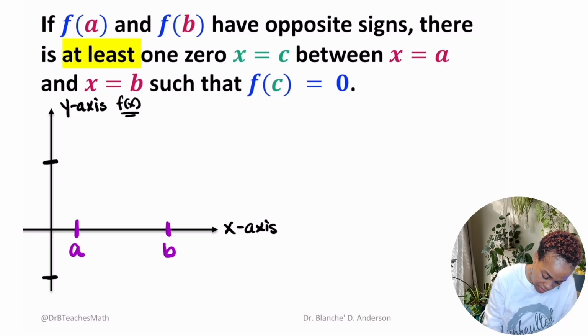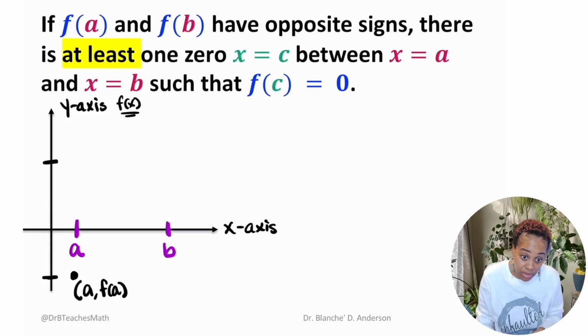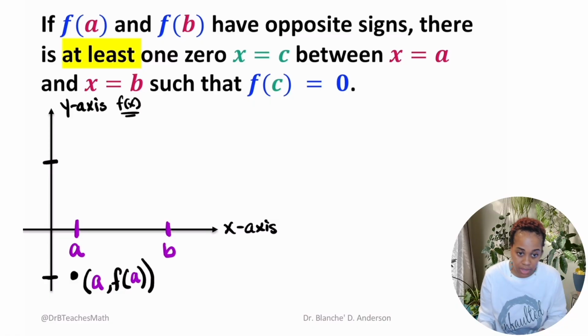So if I pick this point here, this is the point a, f of a. Do you agree? Can y'all see? Okay, good. I wanted to make sure you could see that. This is the point a, the x value, and then f at a, which is the y value. Do y'all see that? This point right here.